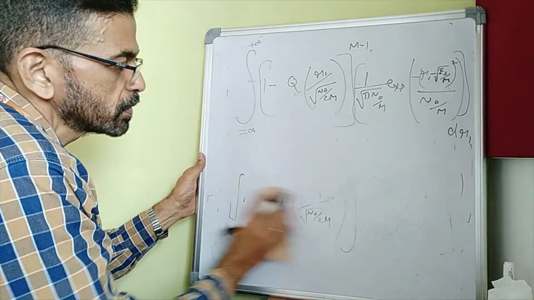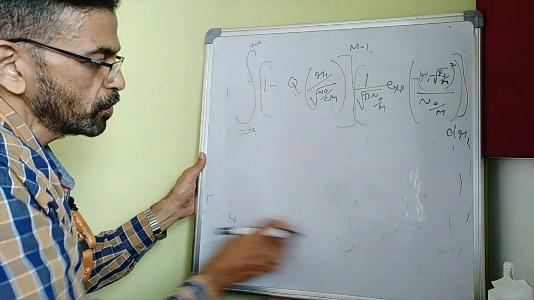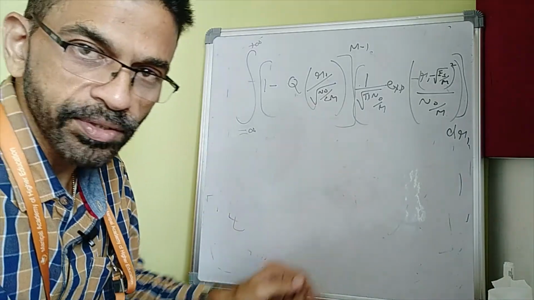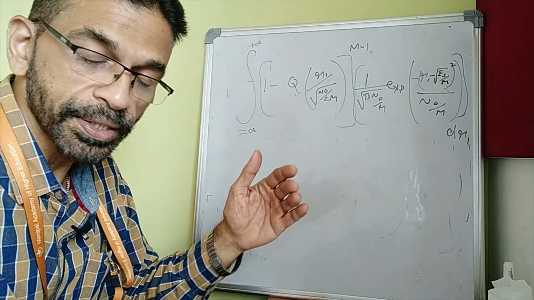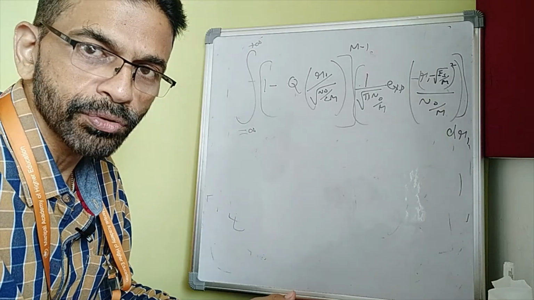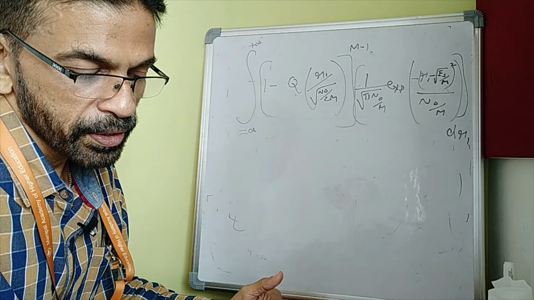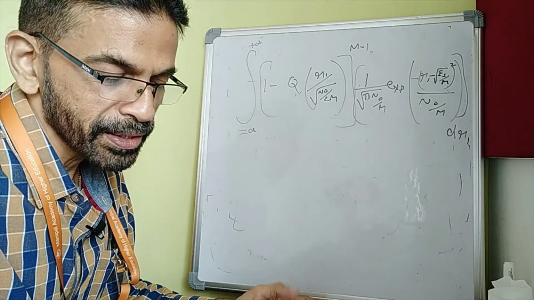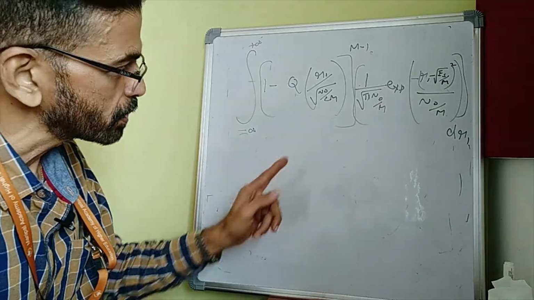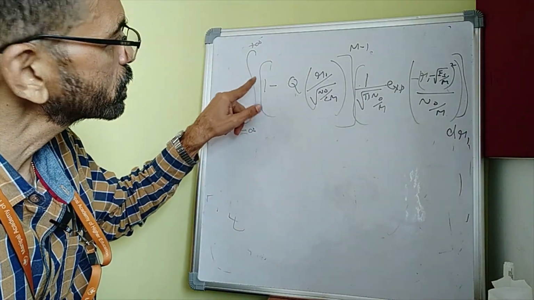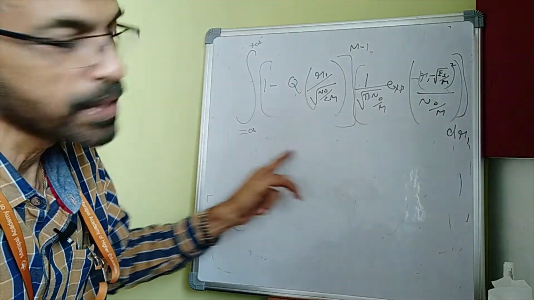And hence the probability of the receiver making an error in detecting the symbol associated with the signal S0T, or the probability of the receiver not detecting the signal S0T as the actual transmitted signal, will be 1 minus this, because this is the probability of the signal S0T being detected correctly.